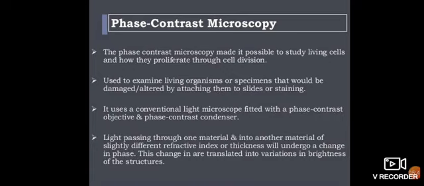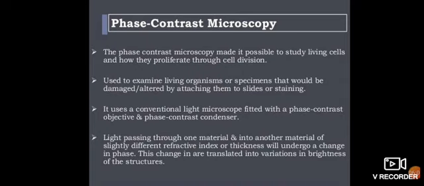Phase contrast microscopy has different points. First, it made it possible to study living cells and how they proliferate through cell division. Already we know that microorganisms develop by cell division.